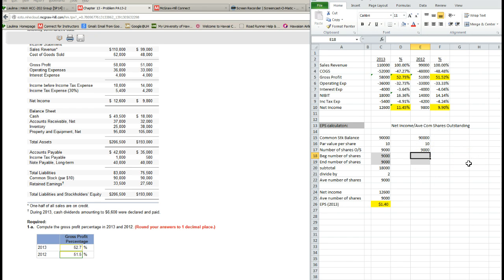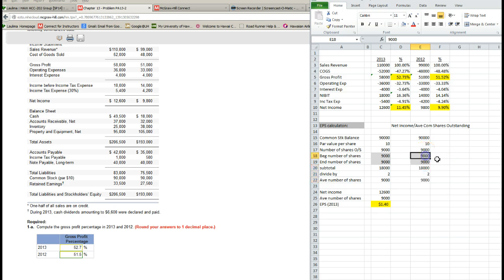So we need to make a little assumption here, and that assumption is that since the number of shares did not change from the end of 2012 to the end of 2013, I think we probably need to assume that the same holds true for the beginning of 2012, which would have been the ending of 2011, through the end of 2011.